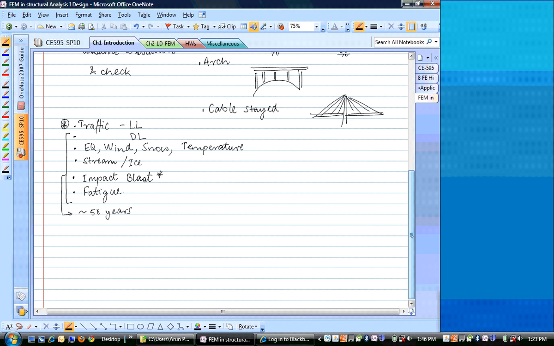Now, how do we go about designing this? What are our design criteria that we use?